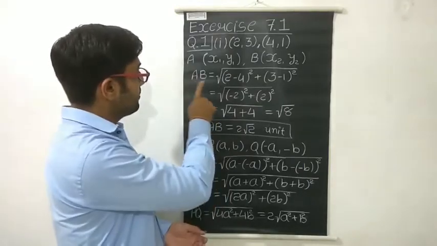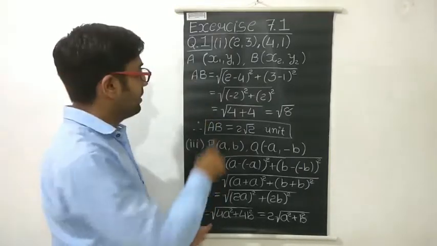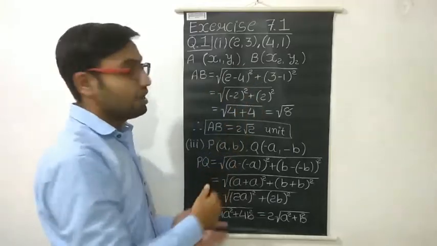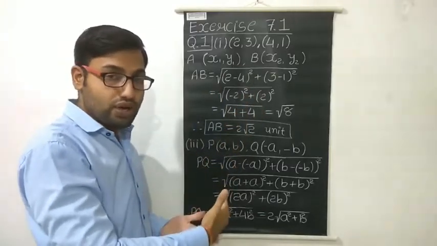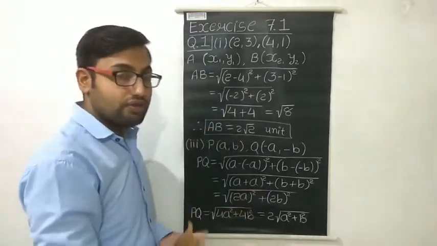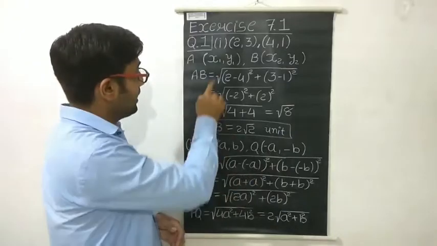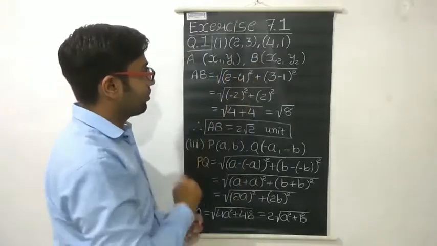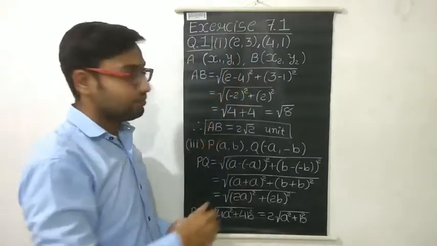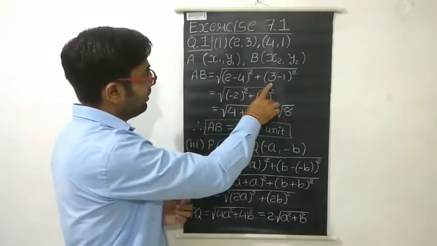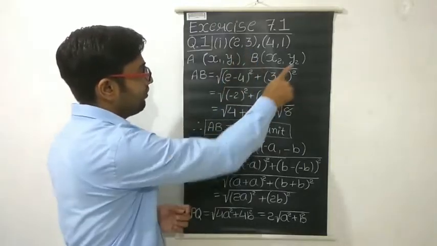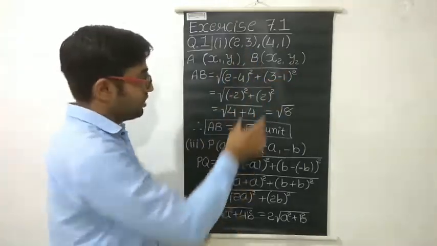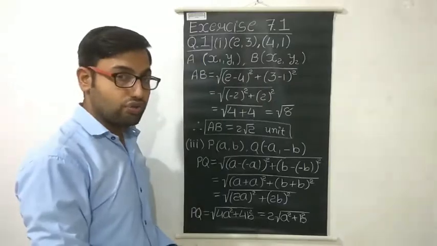So the distance between the points A and B we can write as the square root of (x1 minus x2) square plus (y1 minus y2) square. So in this case, x1 means the 2 and x2 means the 4. So (2 minus 4) square plus y1 that is 3 and y2 that is 1, so (3 minus 1) whole square.